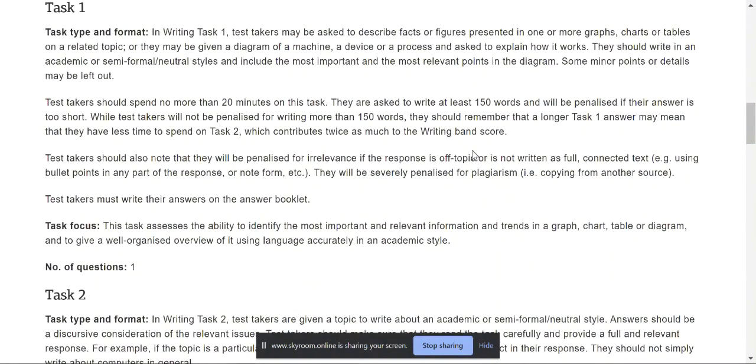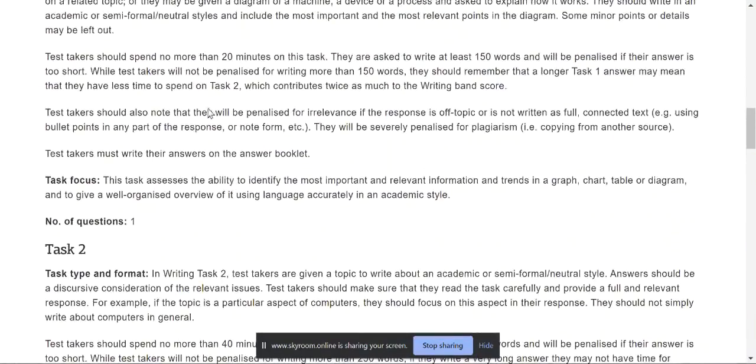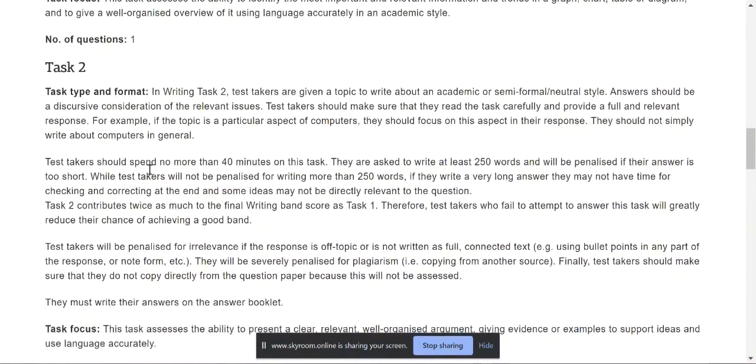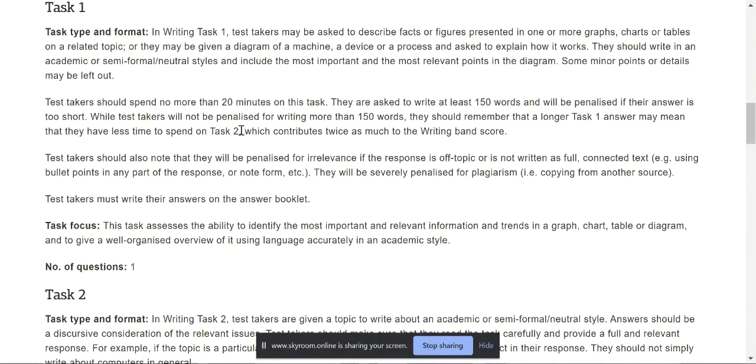Remember, let's say if you get a 9 from writing, and you get 20 minutes for task 1 and 40 minutes for task 2, it means that you are going to receive, it's an unwritten law, but it is more or less like this, about 6 out of 9 for task 2 and more or less 3 for task 1.